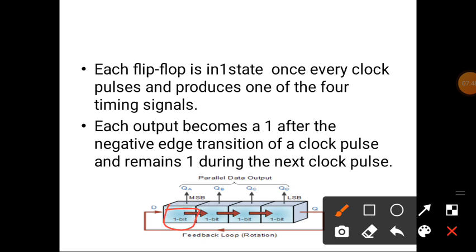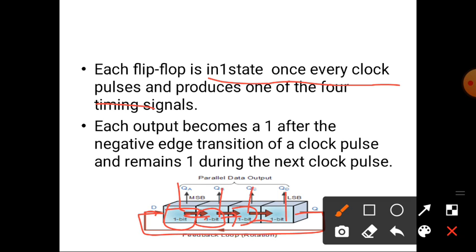This is each flip-flop, storing 1 bit, and 1 bit is shifted to the right, and the last output is connected to the D input of the first flip-flop. Output is taken from each flip-flop, QA, QB, QC and QD, and each flip-flop in one stage is set once every clock pulse, and produces one of the 4 timing signals.